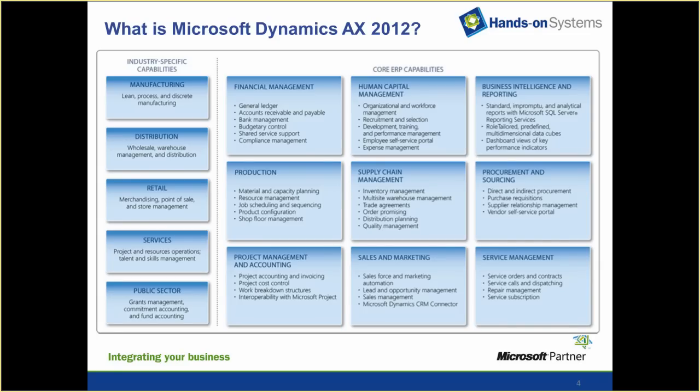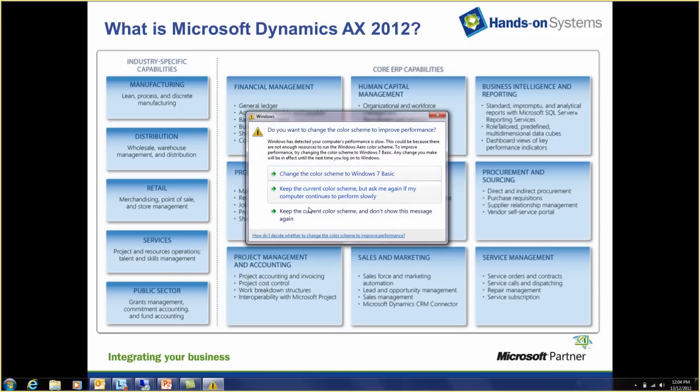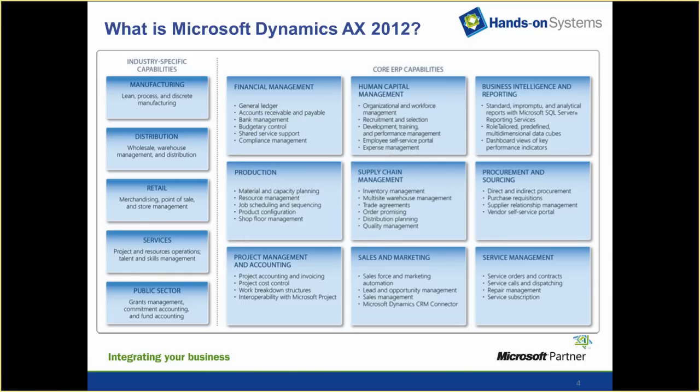It is a fully integrated ERP solution covering modules around manufacturing, distribution, retail, services, public sector. It also covers core ERP capability around financials, production, project management, your supply chain management, your trade and logistics, HR management, sales and marketing, etc.